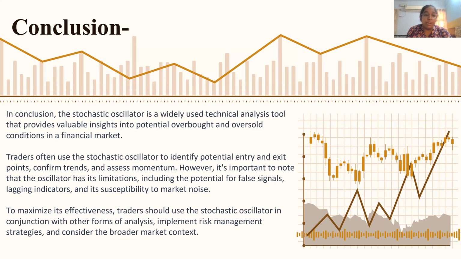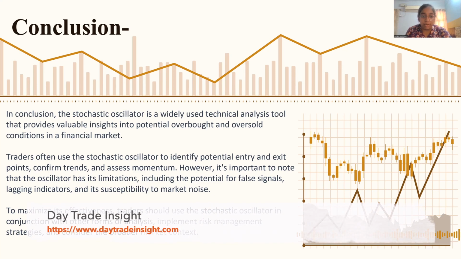However, it is very important to note that the oscillator has quite a few limitations, including the potential for false signals, lagging indicators, and its susceptibility to market noise. To maximize the effectiveness of the stochastic oscillator, traders must use it in conjunction with other forms of analysis, implement risk management strategies, and consider the broader market context.